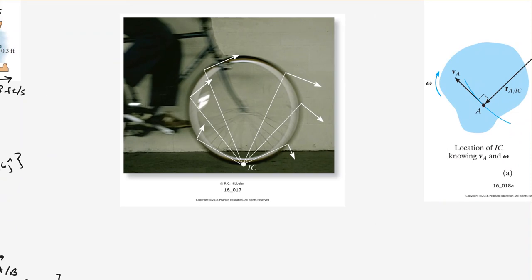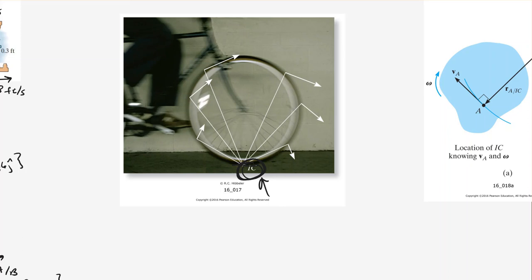Now, here's somebody on a bicycle. This is a picture in your book. And if you look at the bicycle, right down here at the bottom of the wheel where it's touching the ground, you can kind of imagine that the wheel contacting the ground is not moving.